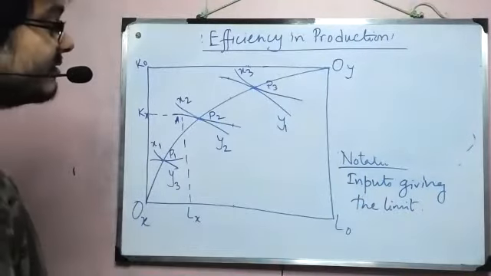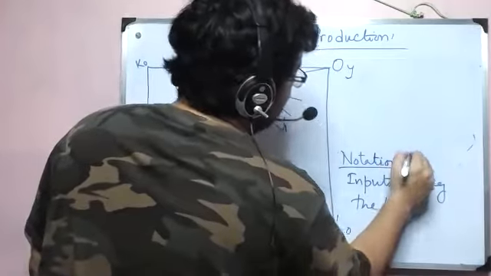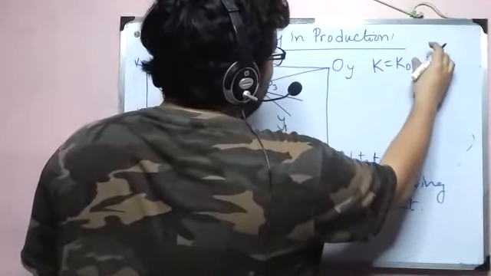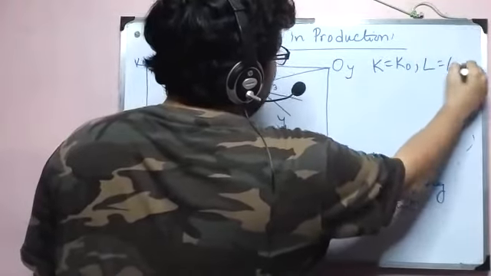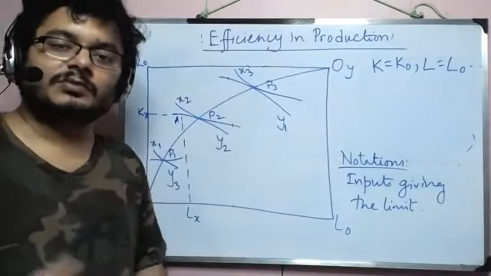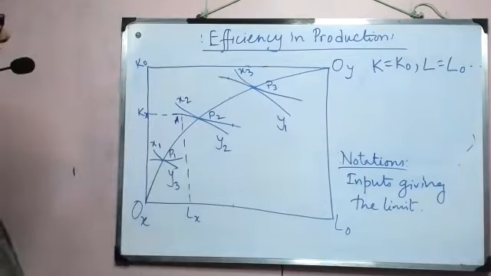And that's quite meaningful, because we have this limit on inputs, and our task here is to find the efficient combination of outputs that can be produced using this limited amount of inputs.